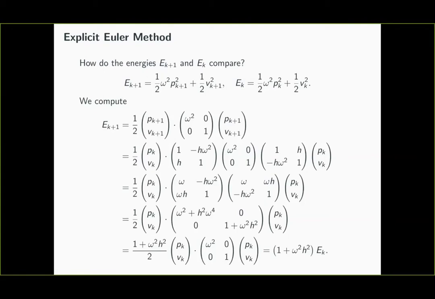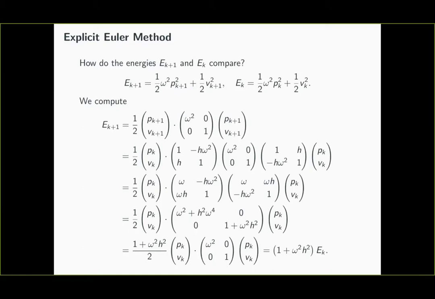Unfortunately, the result is not really promising. We have ek plus 1 equal 1/2 pk plus 1, vk plus 1 times, again, this matrix with diagonal entries omega square and 1, and times this vector pk plus 1, vk plus 1. So the first line just uses the definition of the energy at time tk plus 1.